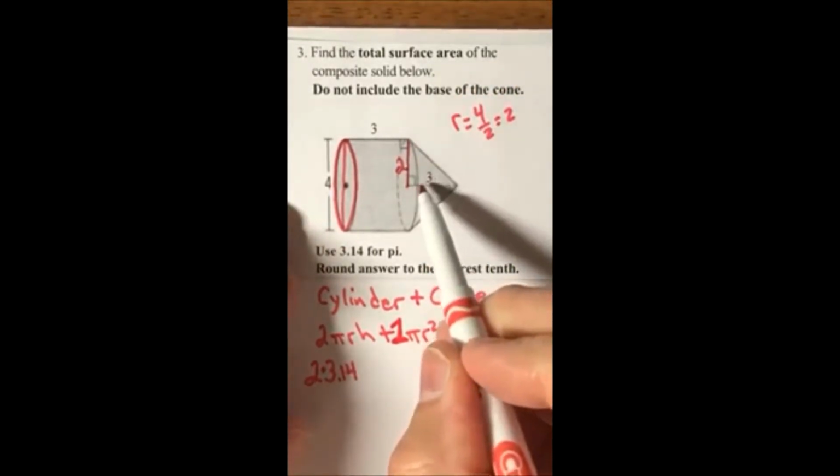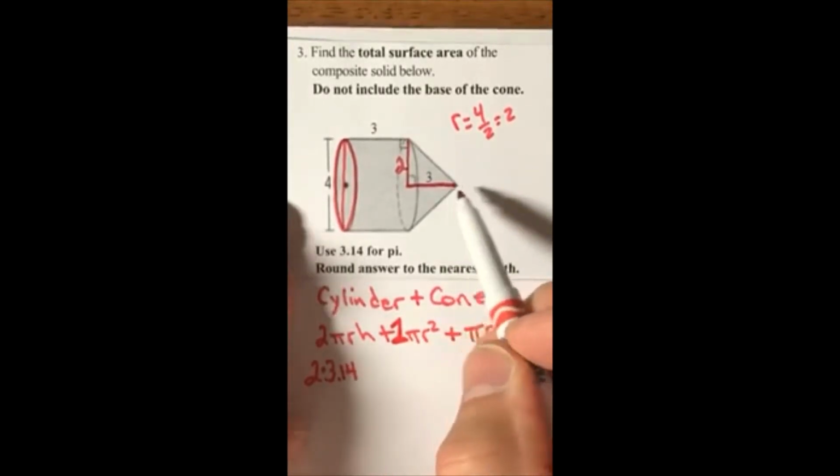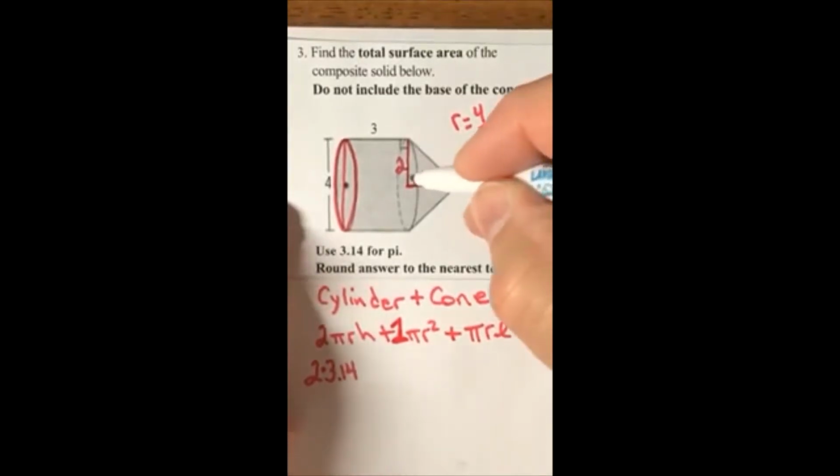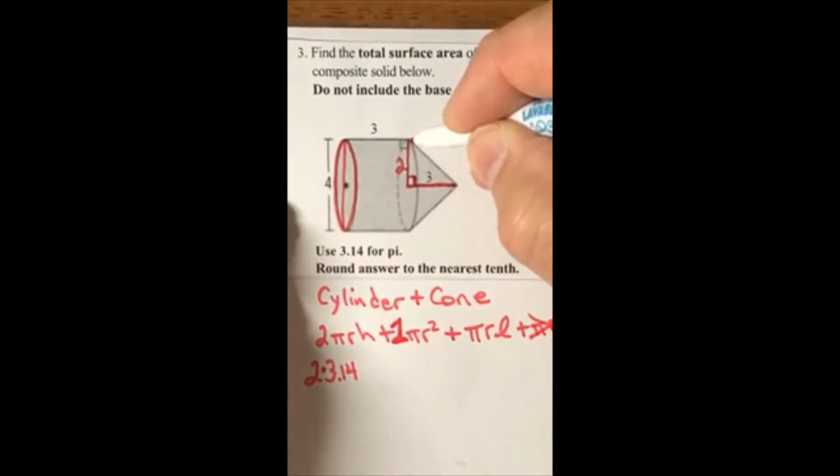This 3 here represents the height of the cone, and that's important to understand. And here's my 90 degree angle. You should be thinking of the Pythagorean theorem because we need the slant height as well.